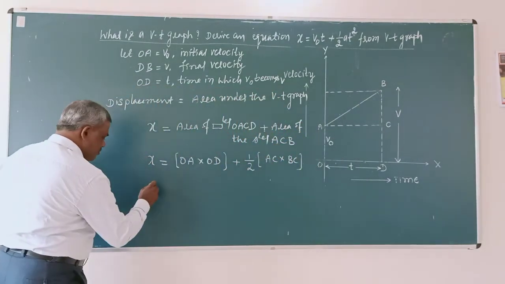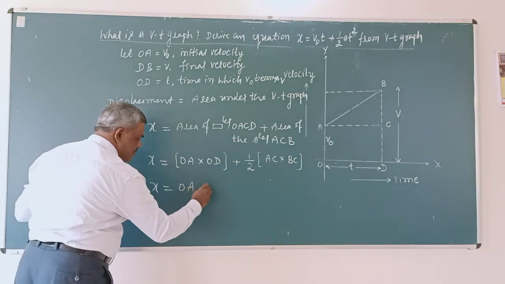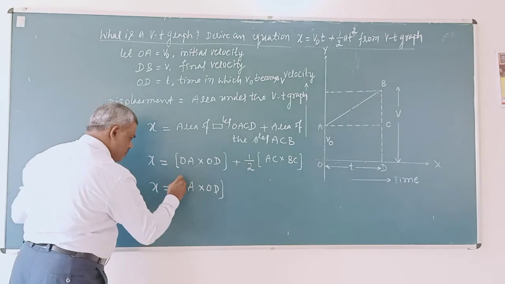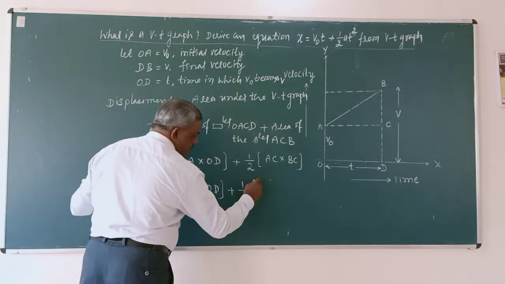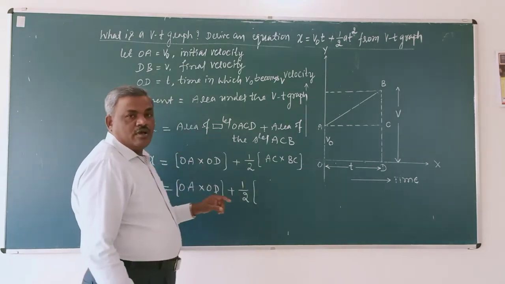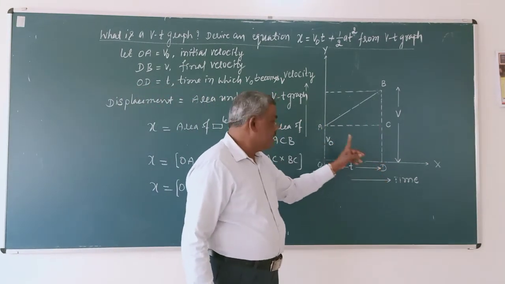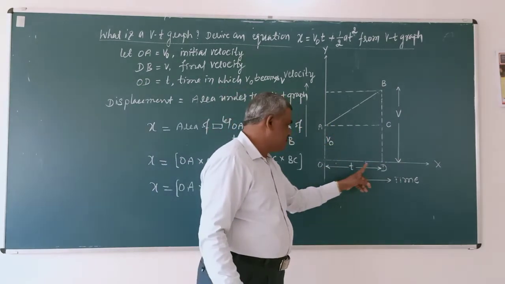So x equals OA into OD plus 1 by 2. And now AC is parallel to OD, the x-axis.